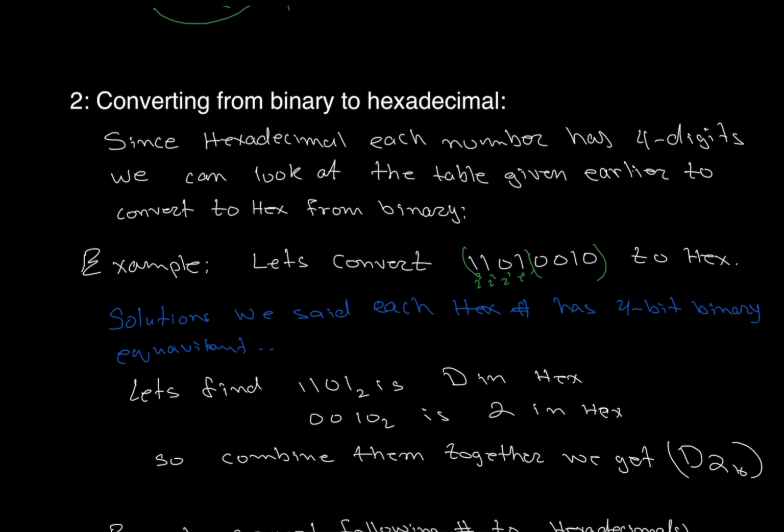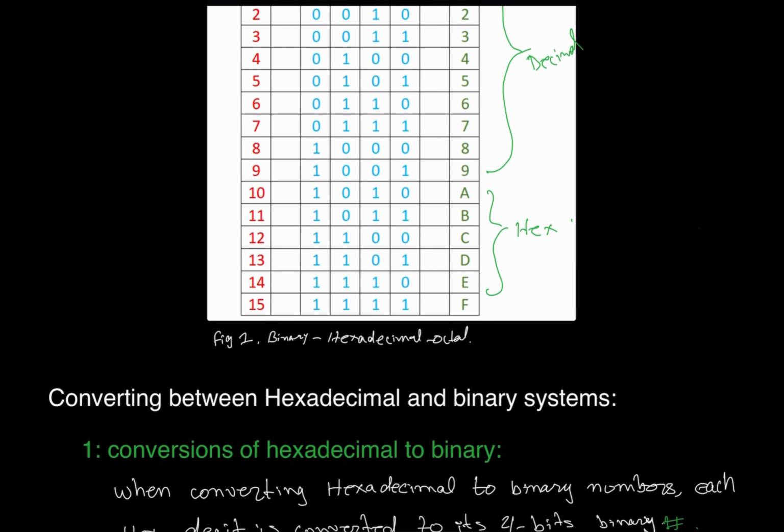There's nothing in here, but you got 1 right there. So what is that? 12 and 1, 13. For 13 decimal number, you have D. As we said earlier, 13 is your D right there.